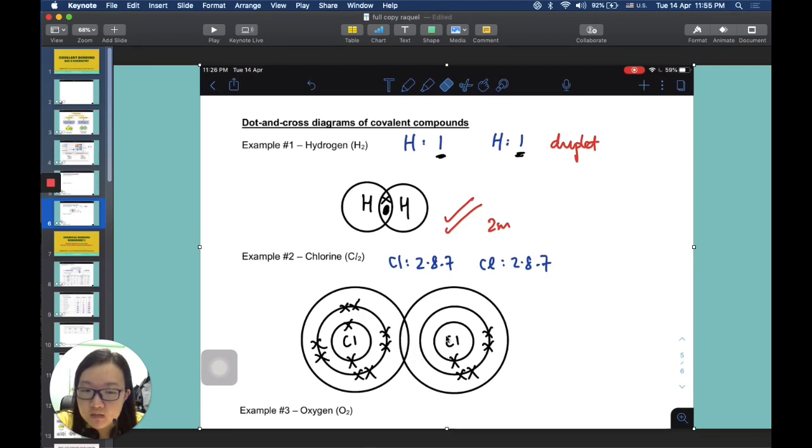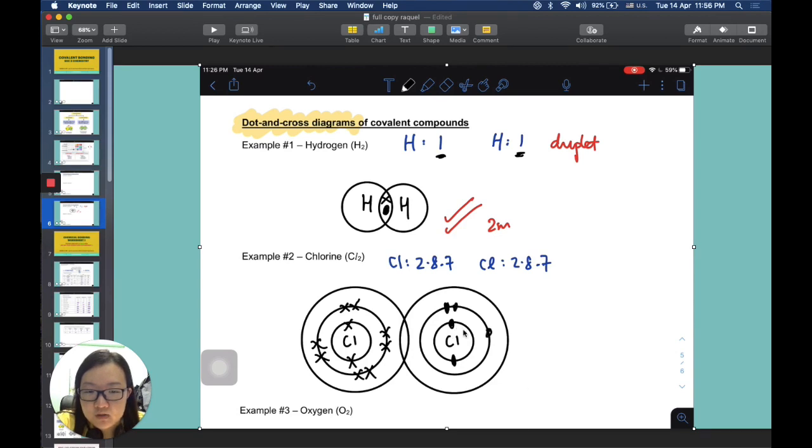I am trying to erase all these crosses and change it to the dot symbol instead. Because we are looking at dot and cross diagrams, not dot dot diagram, not cross cross diagram. So be very careful about that.